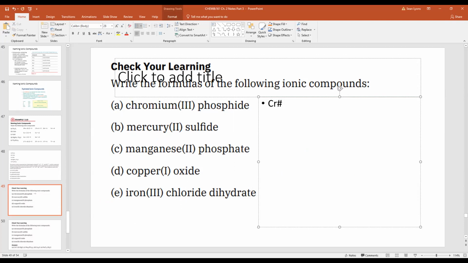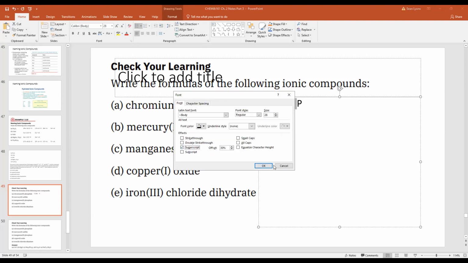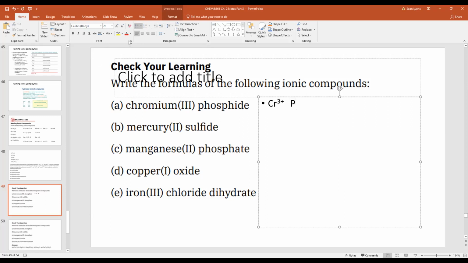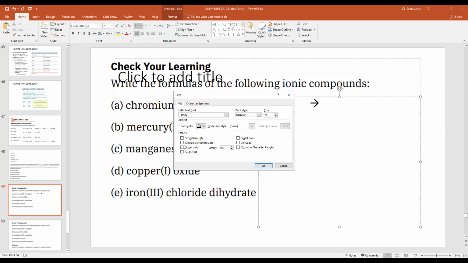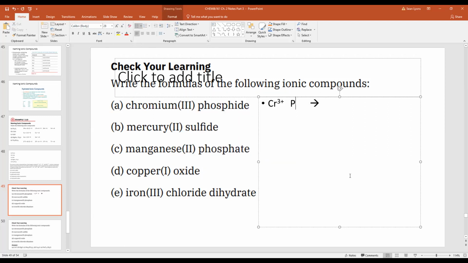So we're going to have chromium, excuse me, with a +3 charge. Just make it a superscript. And then I'll do superscript as well for the charge on this phosphorus.